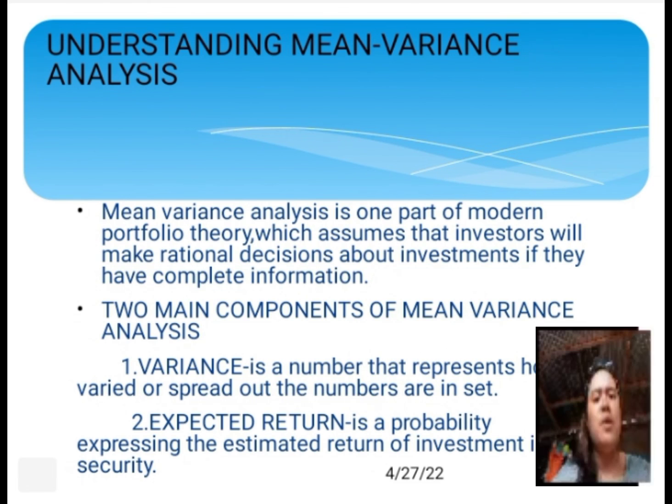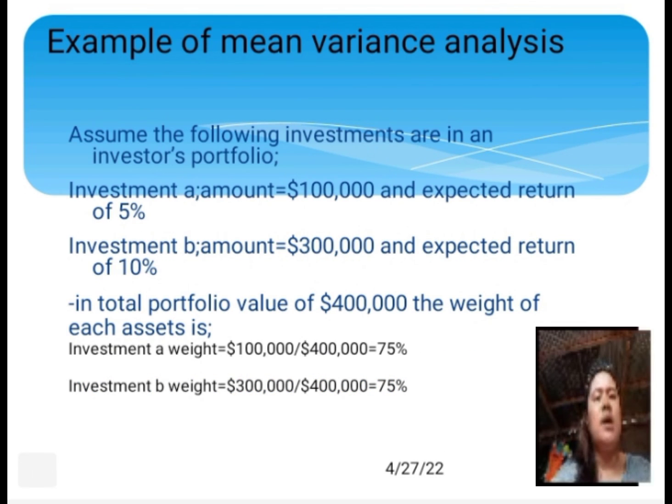So, here is an example of mean variance analysis. Assume the following investments are in an investor's portfolio. Investment A: amount equals $100,000 and expected return of 5%, while investment B: amount equals $300,000 and expected return of 10%. So the portfolio value is $100,000 plus $300,000, which equals $400,000.